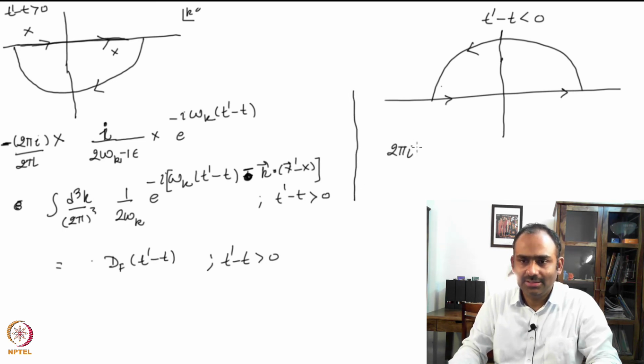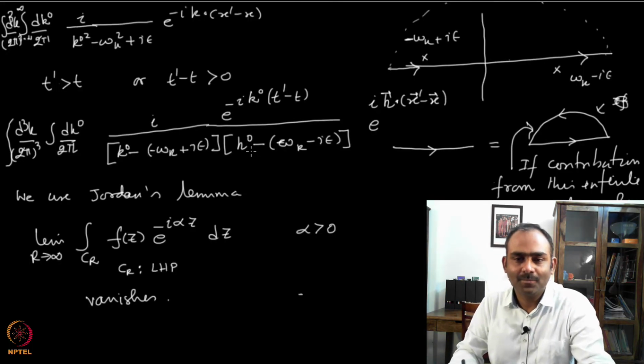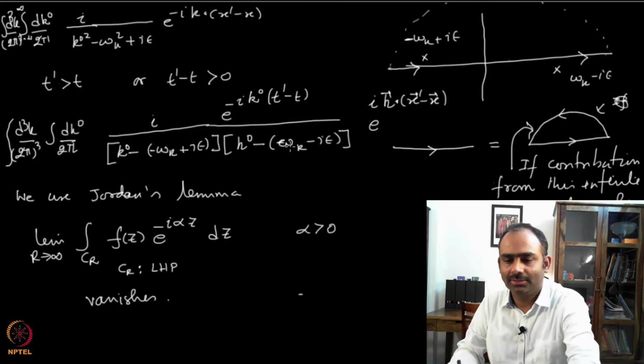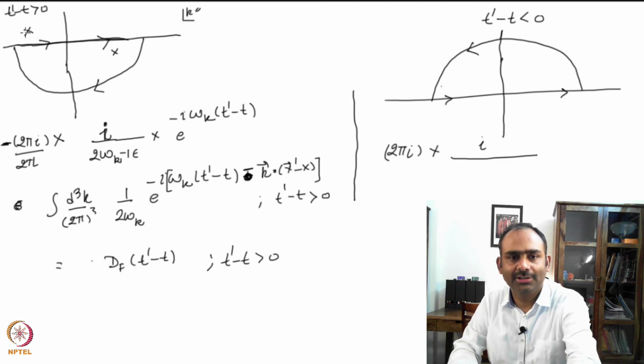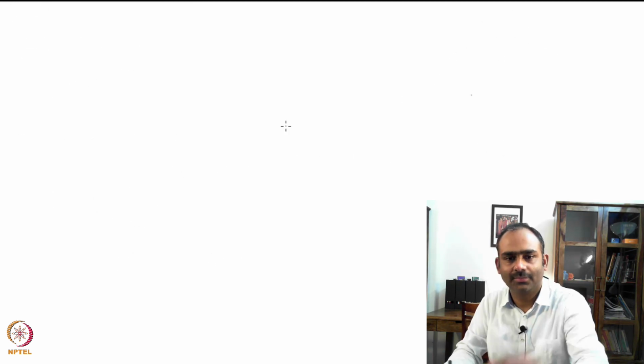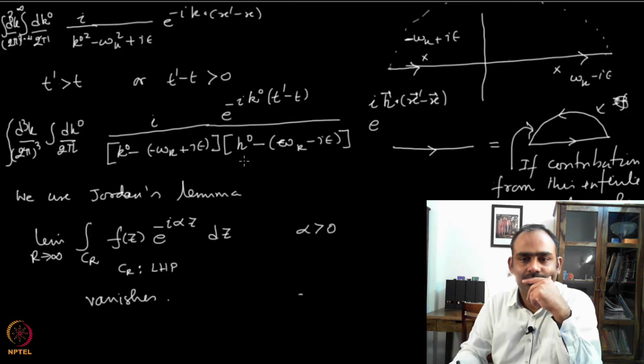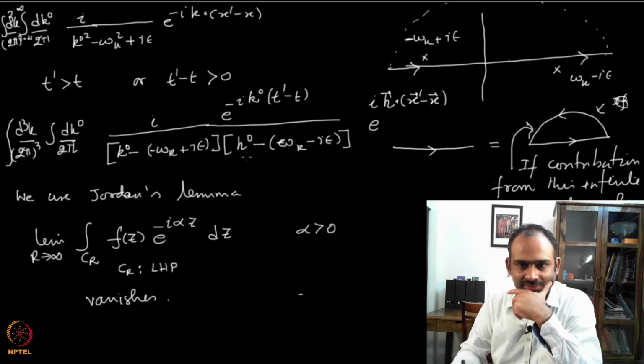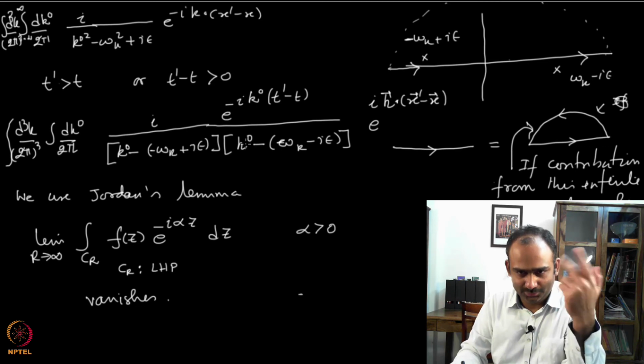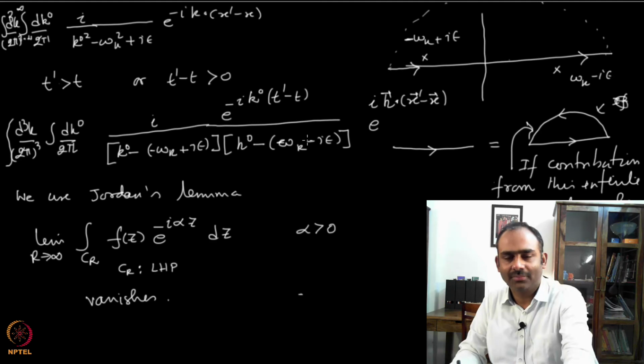Again 2 pi i times the residue, and the residue is i over, let us go back here. Now, look at this, we are going to pick up this pole, right, this one. So, the pole is here. So, let us see what is the residue. This one is the one which is giving the pole and this one is the one which will give you the residue. So, you put k naught equal to minus omega k, and minus omega k from here gives you minus 2 omega k, okay.